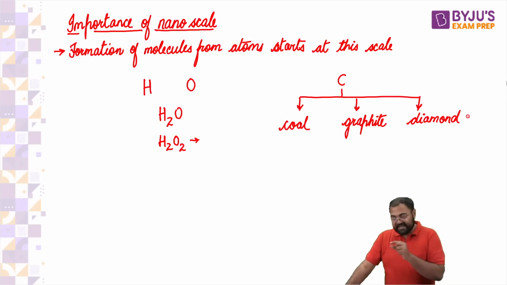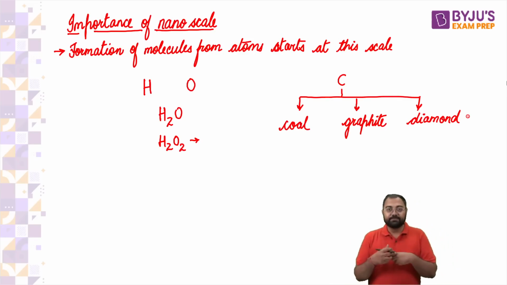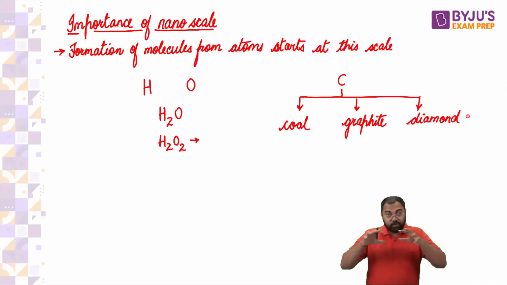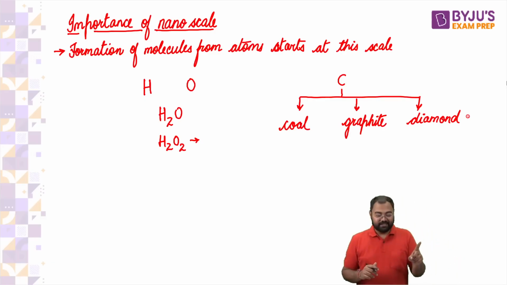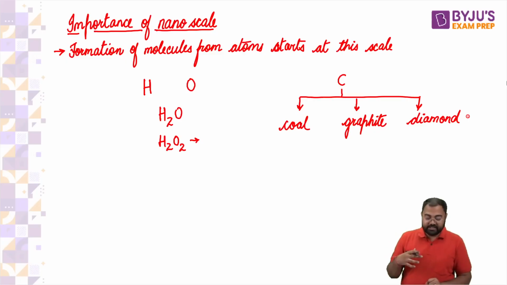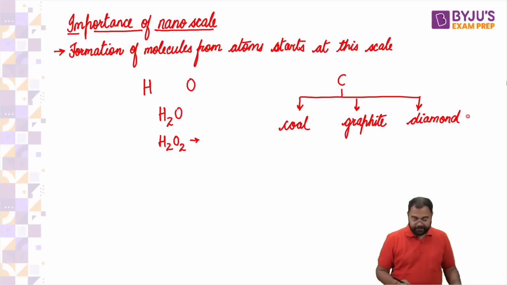As this arrangement takes its shape, this is where the properties start to show up, and it all happens at nanoscale. That is the reason why nanoscale is so important, because all these properties, formation of molecules, happen at this scale.